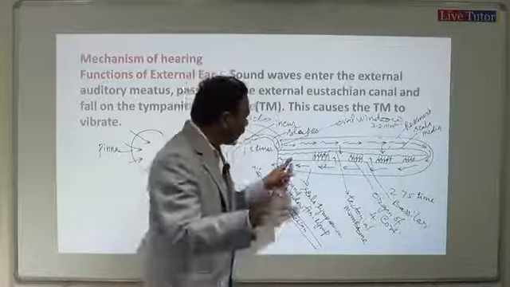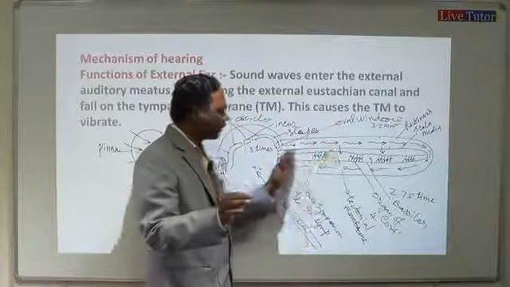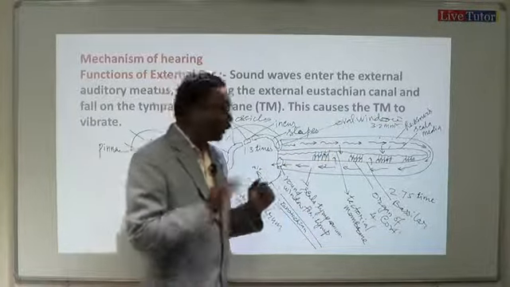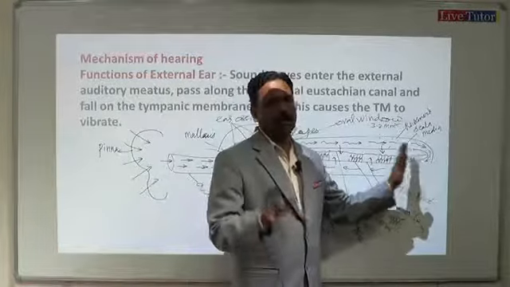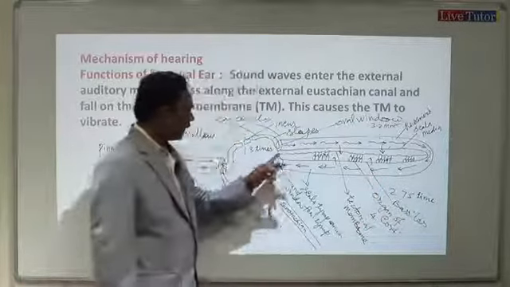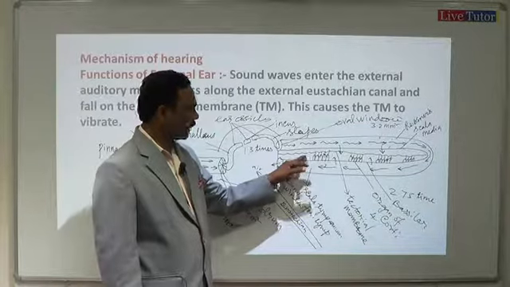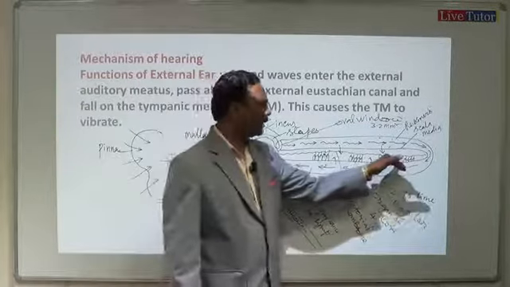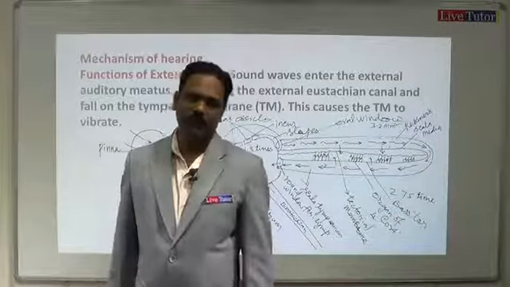The high pitched sound is perceived in the basal part of the cochlea. The low pitched sound is perceived in the tip, or apex, of the cochlea. Remember this point. It is the mechanism of hearing.